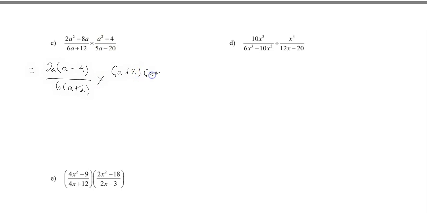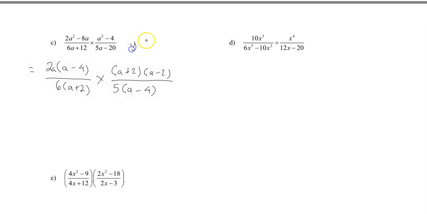I guarantee you're going to see a few of those. Common factor here. Okay, so step 1, factor. Step 2, restrictions. I'm just going to write them up here. X cannot equal negative 2, positive 4.